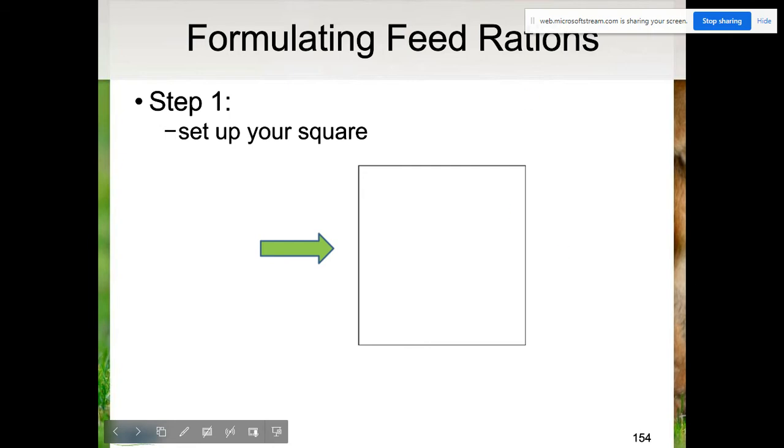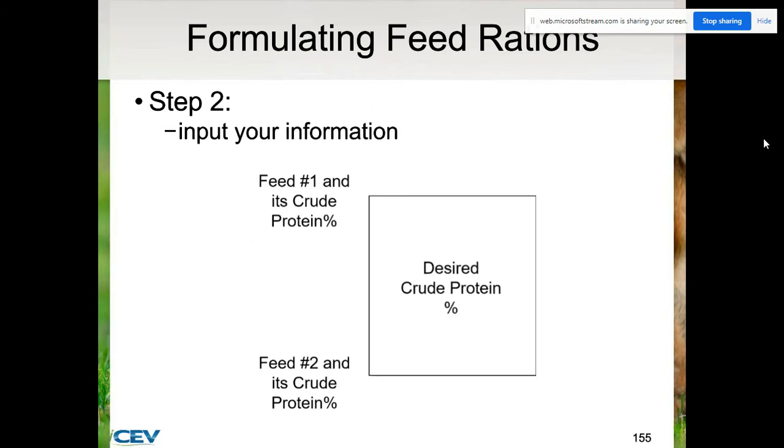Okay, so the Pearson Square is essentially what it says. It's a square. If you are drawing this on your paper, you draw like a 2-inch square, 2 inches at the top, 2 inches all the way around. Then you would input your feed information. If we're talking about a desired crude protein percentage, that's what we're looking for.